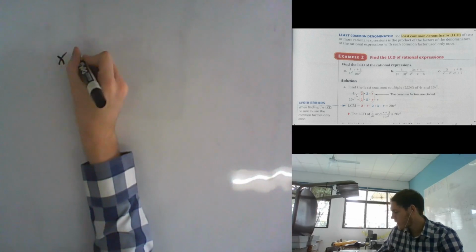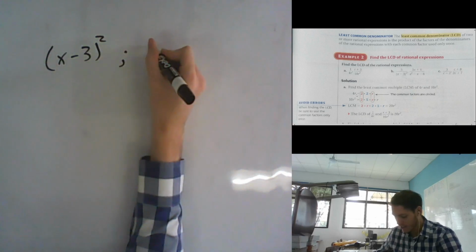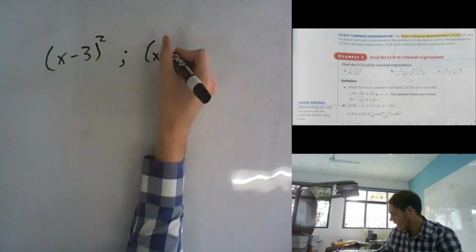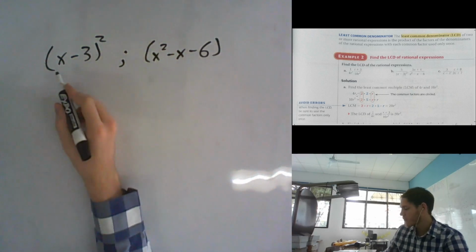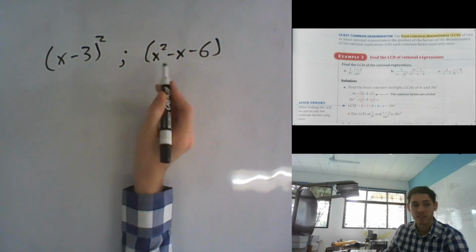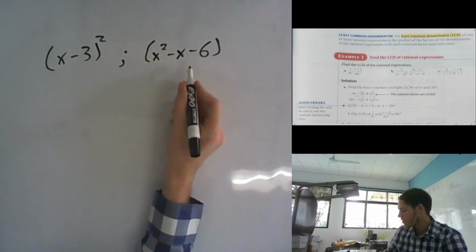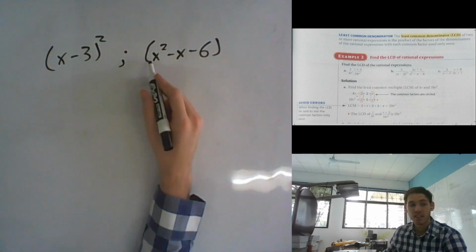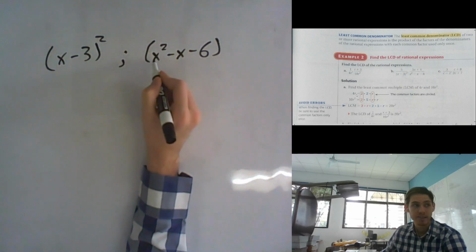What about x minus 3 squared and x squared minus x minus 6? First this one should be factored and we'll break this apart. A lot of people have trouble on this. If there's not a 1 here, something different is happening.